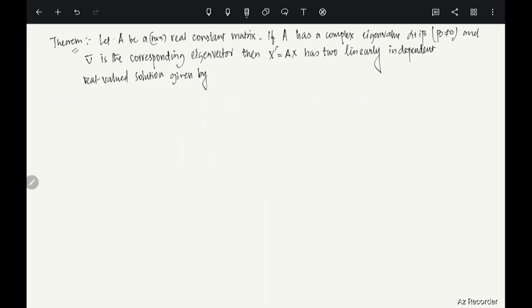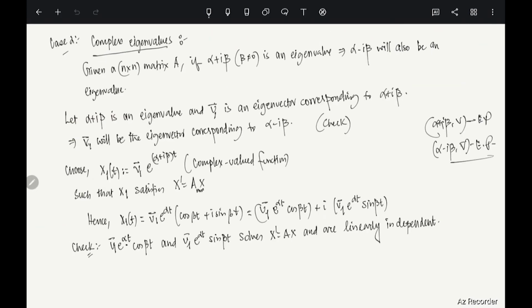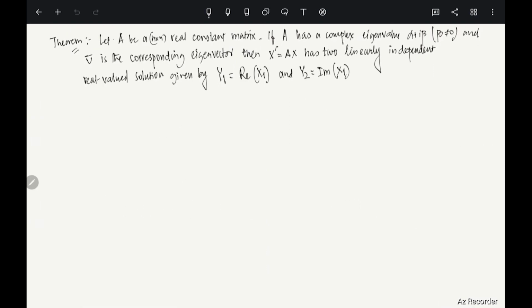The first one, let's just call it y1, which is the real part of x1, and also y2, which is nothing but the imaginary part of x1. Clear? Real part of x1 and imaginary part of x1, which is basically this and this. They individually are two linearly independent solutions, right? So this is one of the ways we can work out this problem.